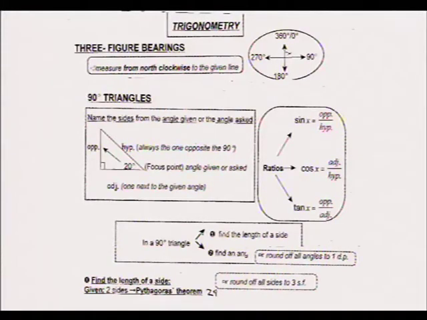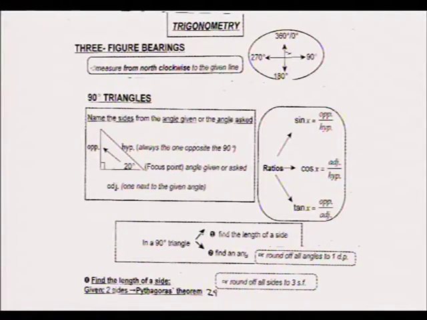Trigonometry. There are 3 figure bearings. We always start from north, 360 degrees or 0 degrees. If you go straight to the one side, it's 90 degrees. Straight down, it's 180 degrees, and when you go to the left, it's 270 degrees. We work clockwise.